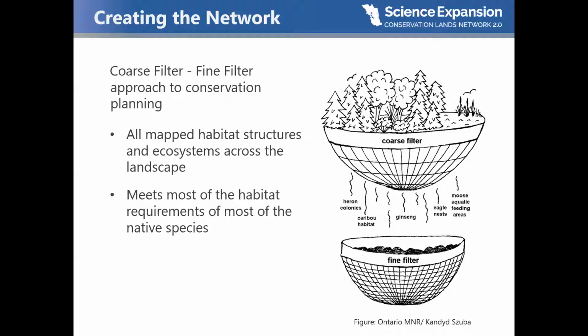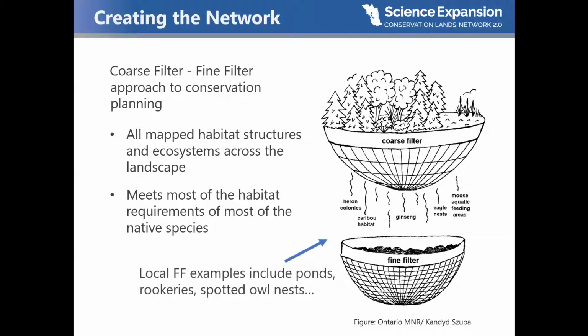But you know that certain biodiversity elements don't map to vegetation types really well. So for instance, ponds are notoriously undermapped in vegetation maps. Rookeries, spotted owl nests, those things don't necessarily pop up. So what you need is another filter there to catch the bits that fall through.